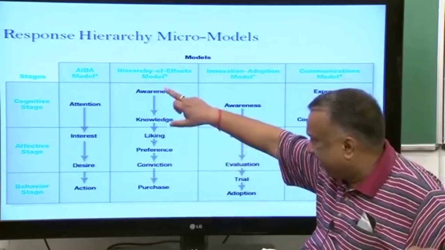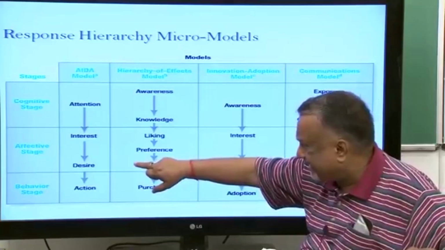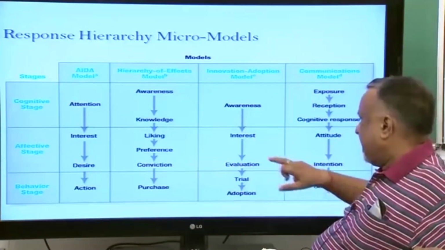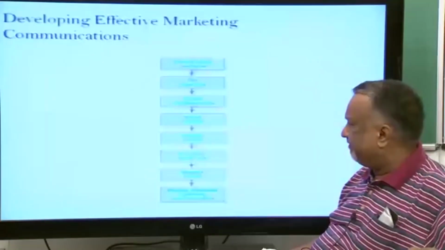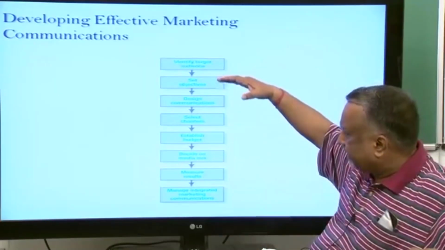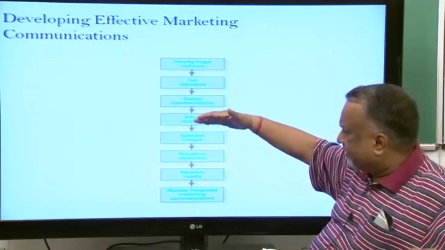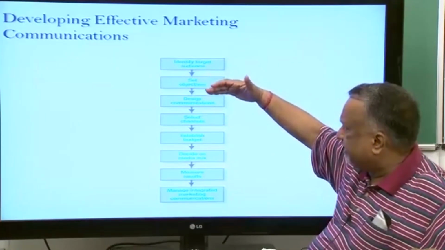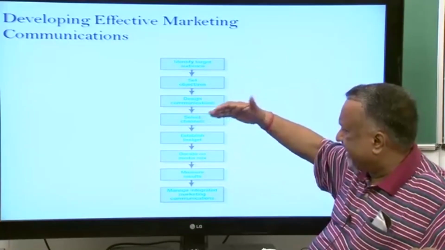But in marketing communication, if we can bring the customer up to this point, if we can create the desire after the evaluation, then we have done our job well. So, that is what we want to achieve by target audience, set objective, design communication, select channels.